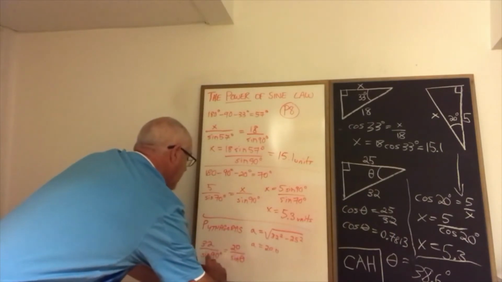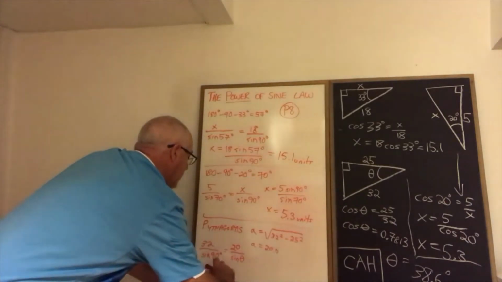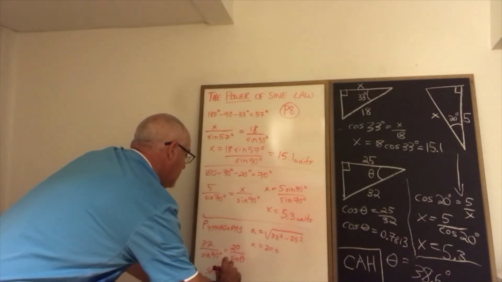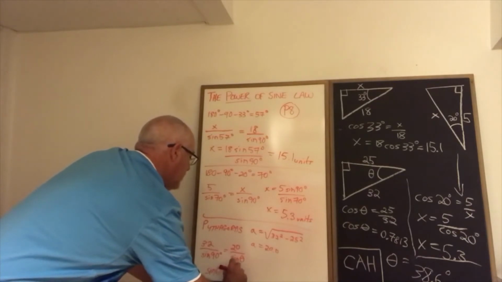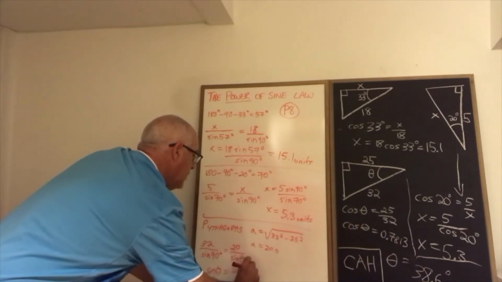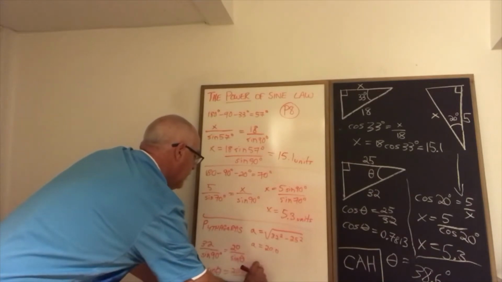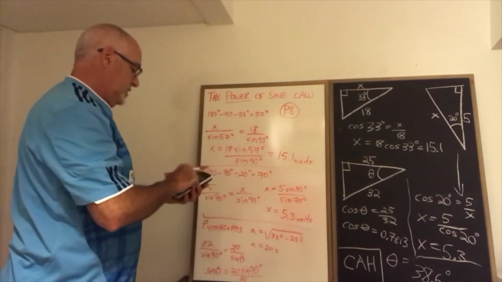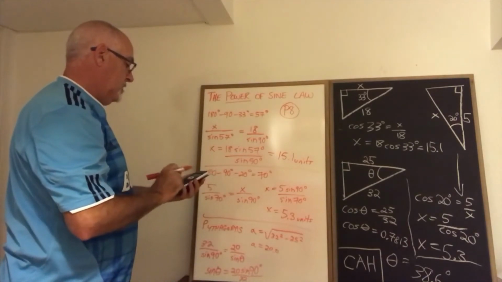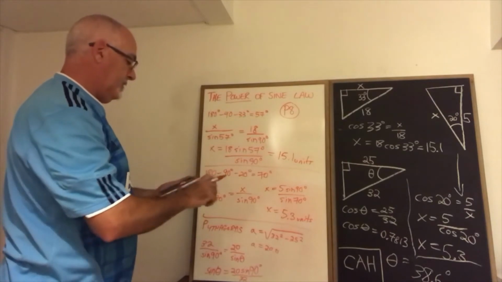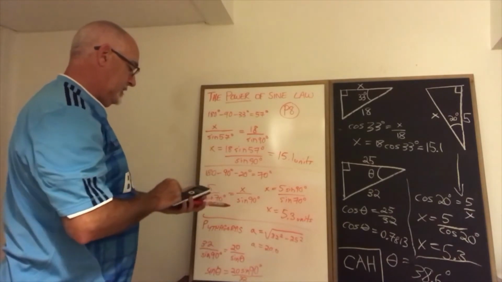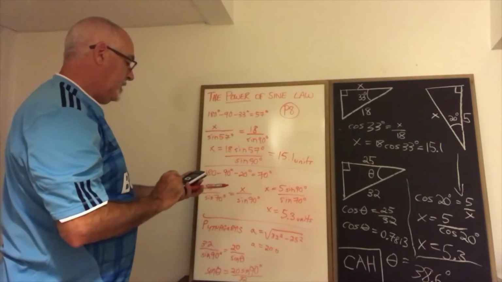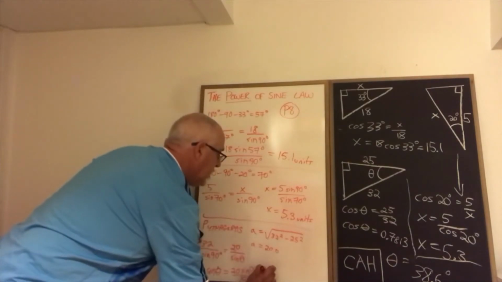Sine of the unknown angle theta is equal to 20 times sine of 90 divided by 32. That's 0.625, and then second sine gives 38.6 degrees, which I knew would happen.